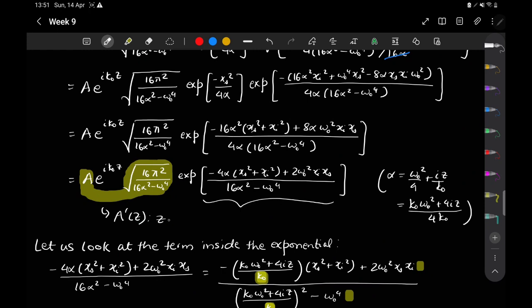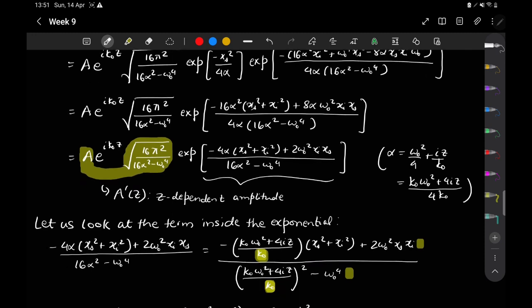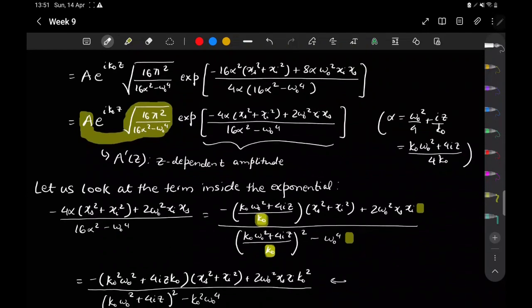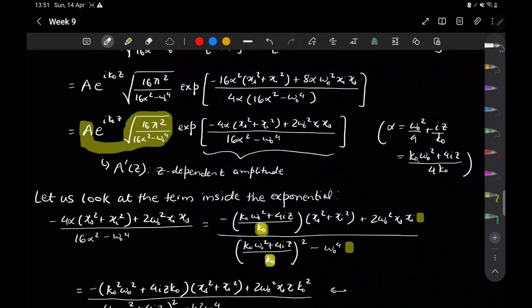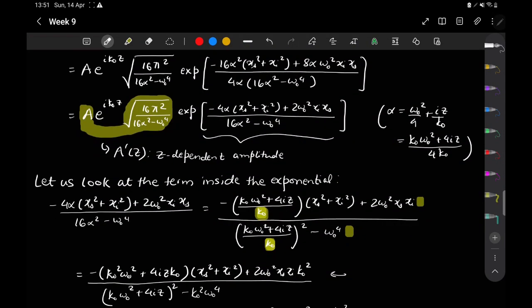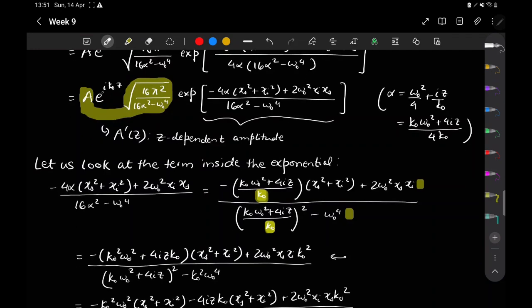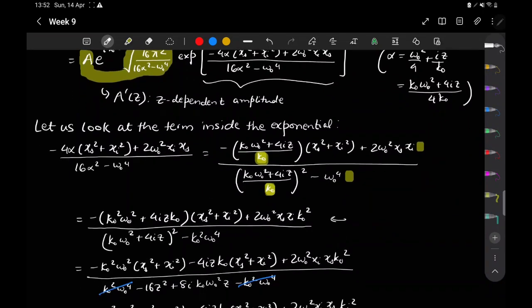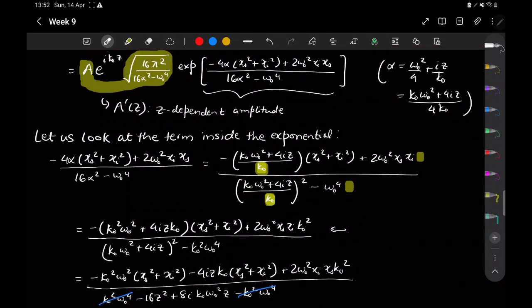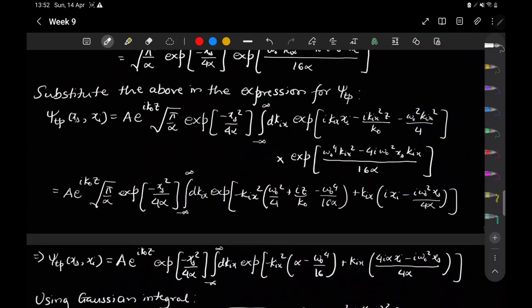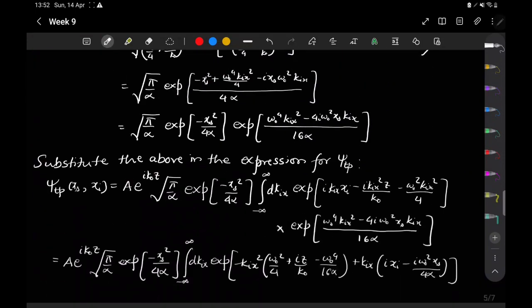This is the z dependent amplitude. And alpha we know is this, so now we are just putting it inside this, and we want to look at this term inside this exponential because rest everything else is sorted. So we just need to look at the term inside the exponential.